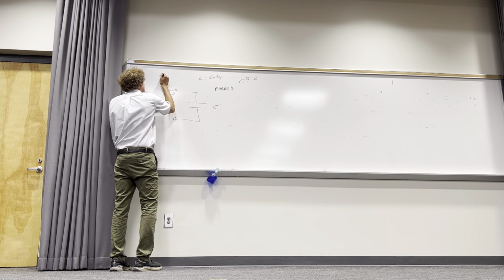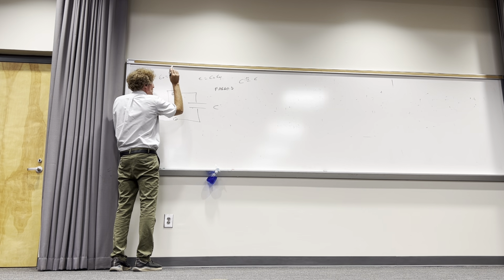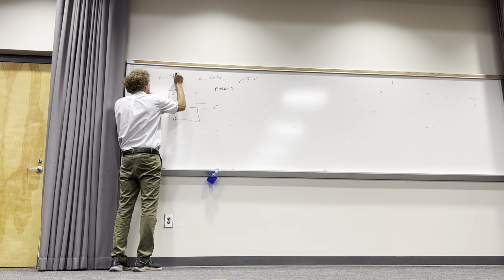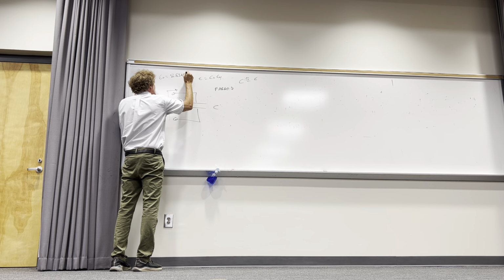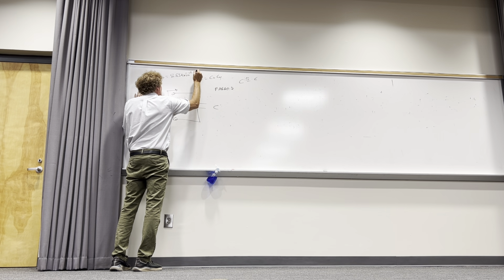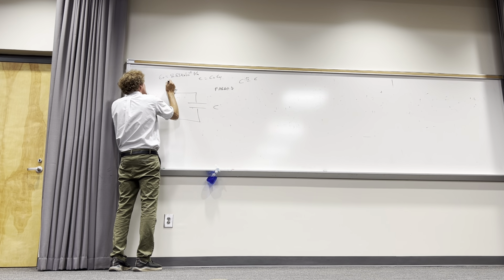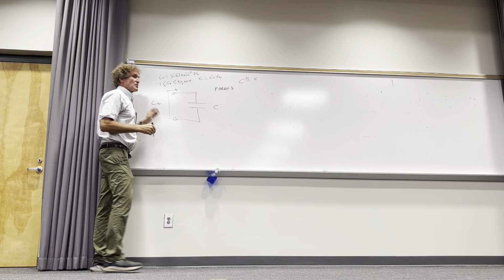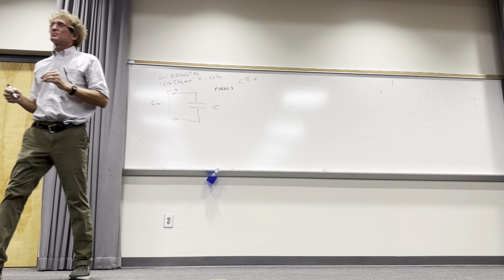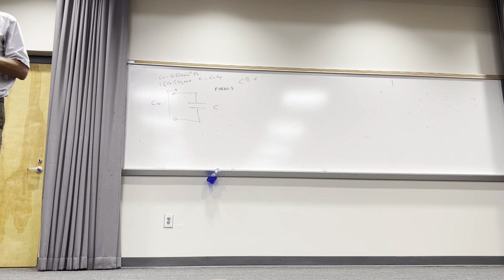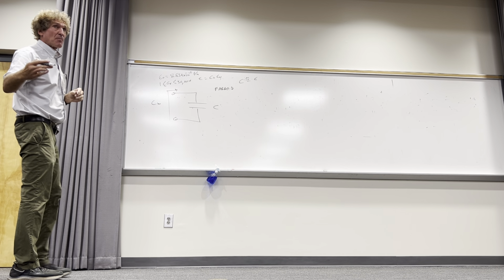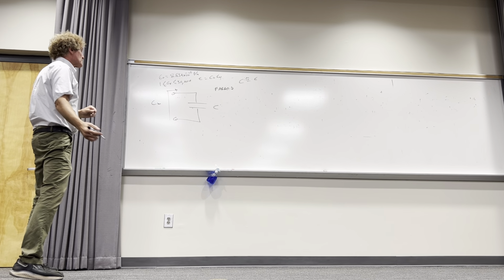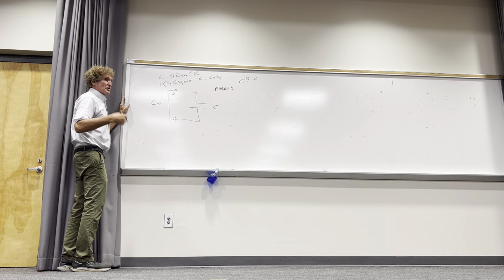And epsilon naught is, you don't have to know this, 8.854 times 10 to the minus 12 farads per meter approximately, and epsilon relative is greater than or equal to 1, less than or equal to about 50,000 for exotic materials. So epsilon relative has to do with the amount of energy storage that could be available in capacitance. I'm not expecting you to know this, I'm stating this more or less for completeness.